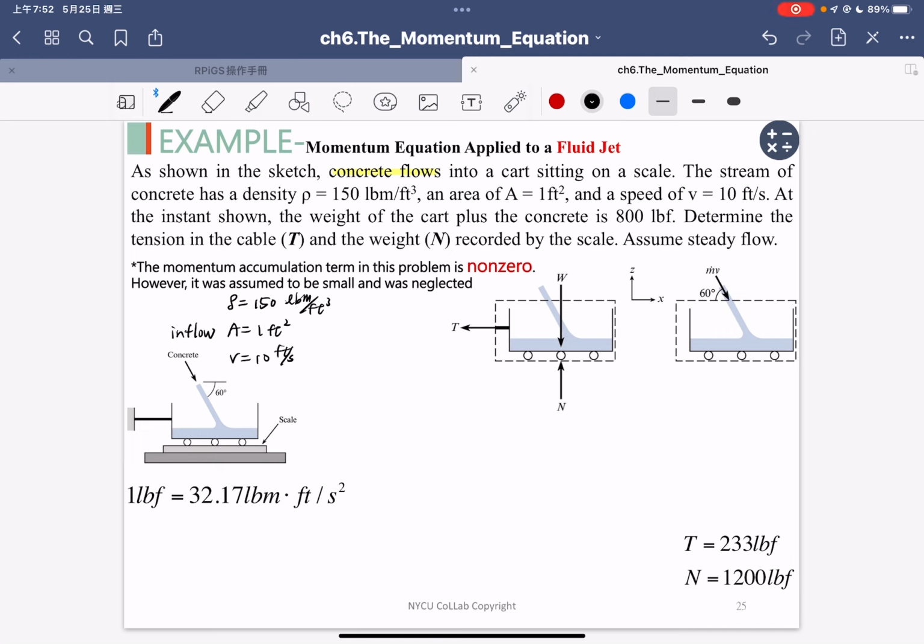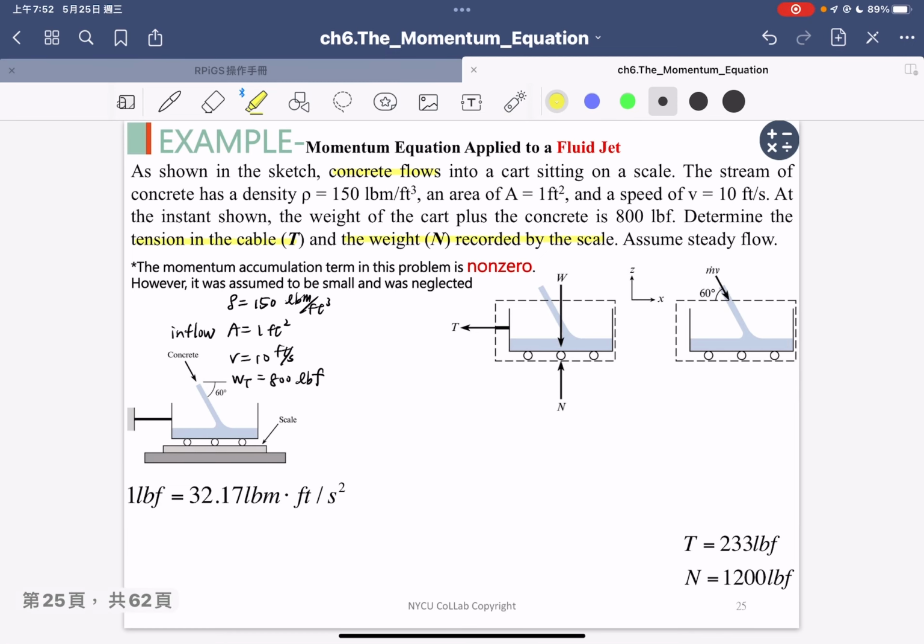And we know that the total weight of the car plus the concrete is 800 pound force. So please determine the tension in the cable and the weight recorded by the scale. And we assume the flow is steady flow.